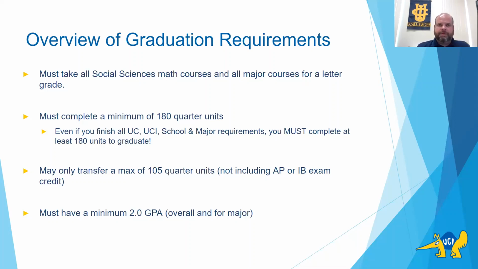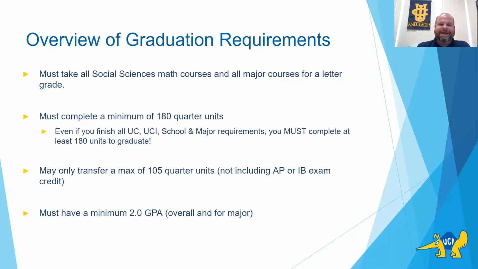So something to think about, and you'll see that on your transcript when your transcripts have been evaluated by UCI admissions. Most students have anywhere from 90 units to 105 core units coming in when they start. That's kind of a range. This does not include any advanced placement exams or international baccalaureate exams that you may have as well. So if you have those exams, they can be added on to that total.